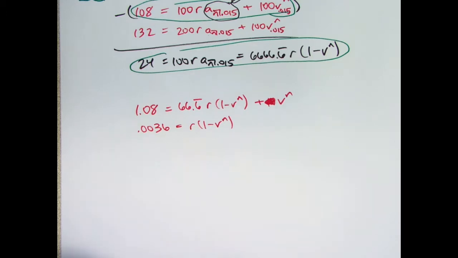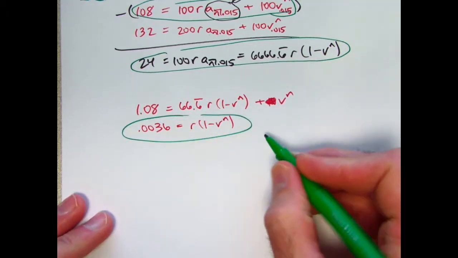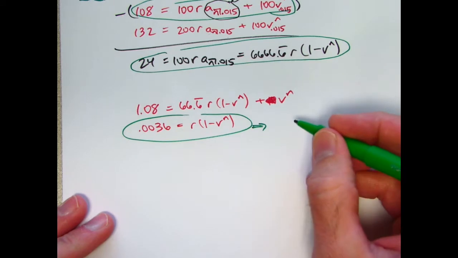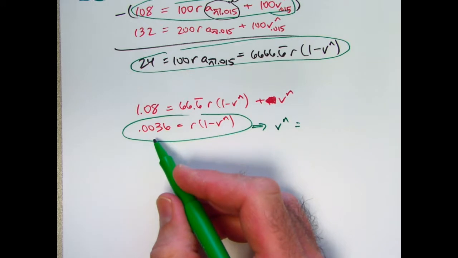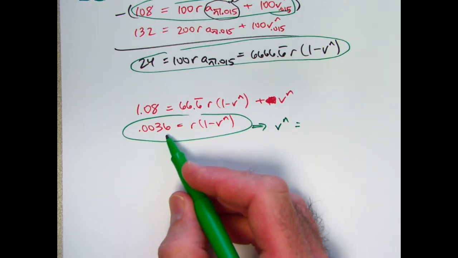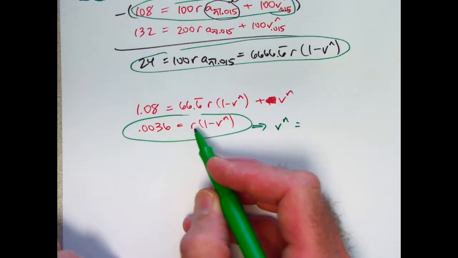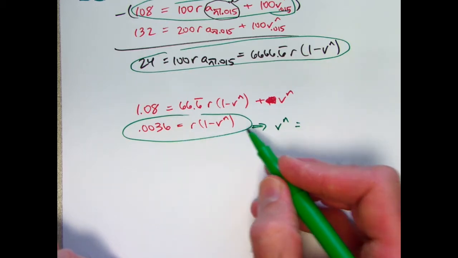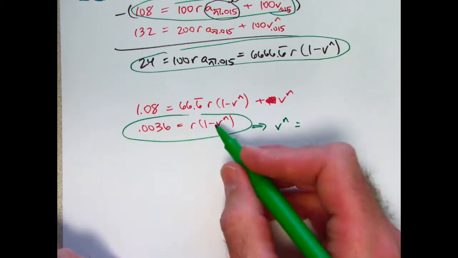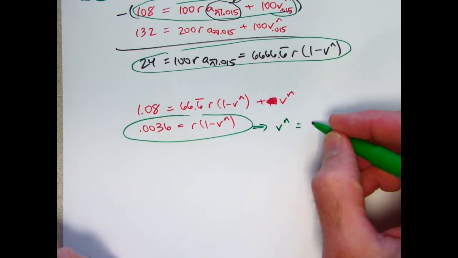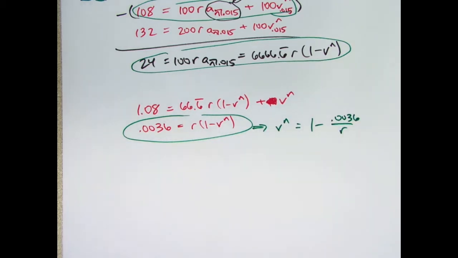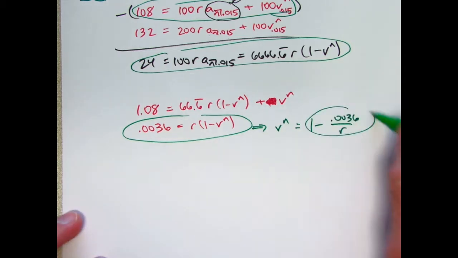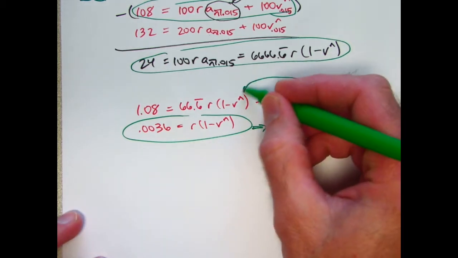Let's solve this equation for v to the n in terms of r. I can divide both sides by r and then rearrange. If I divide both sides by r, I get 0.0036 over r here. Bring that over to the other side as a subtraction. Bring the v to the n to the left, keep the 1 on the one side. I'm going to get v to the n is 1 minus 0.0036 over r. I'll keep that as is, and plug this in here and here.